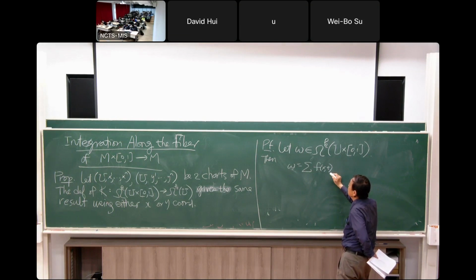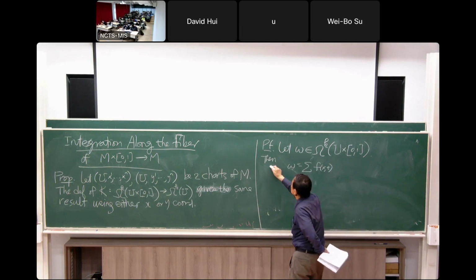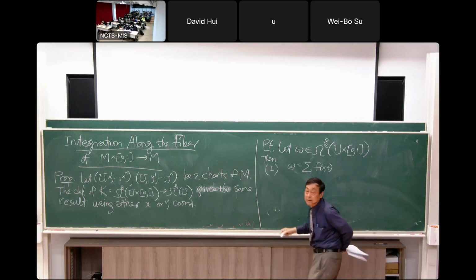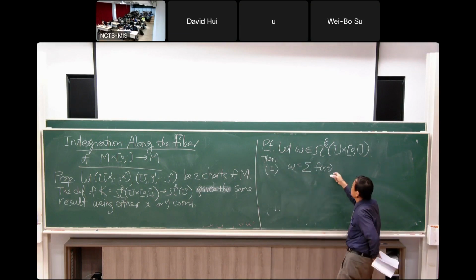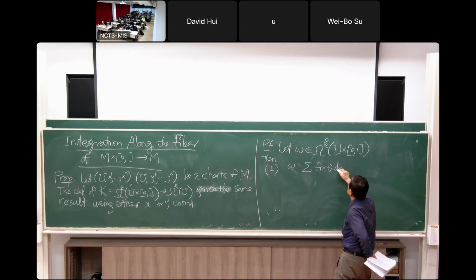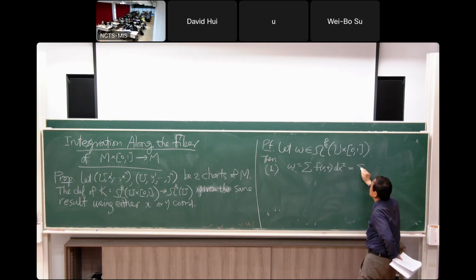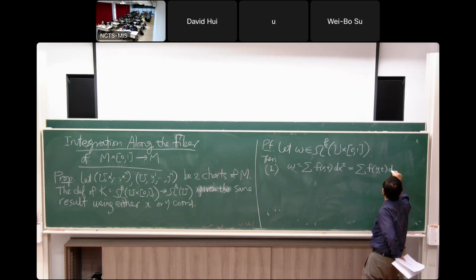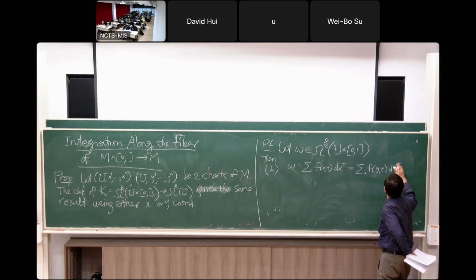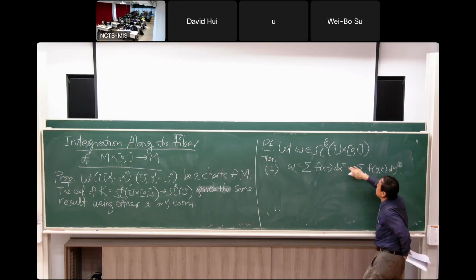So let's look at type 1 forms first, okay? If it's a type 1 form, then in the x-coordinate system, it has no dt, and in the y-coordinate system, it has no dt either.